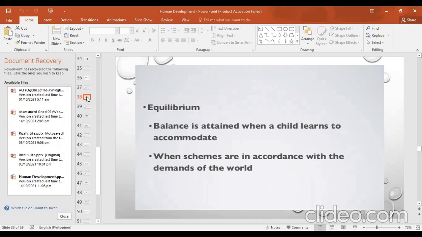According to him, equilibrium requires balance between assimilation and accommodation. Equilibrium balance is attained when a child learns to accommodate, when schemes are in accordance with the demands of the world. So learning has happened, it worked. Okay?